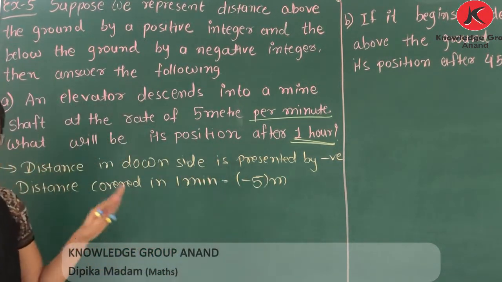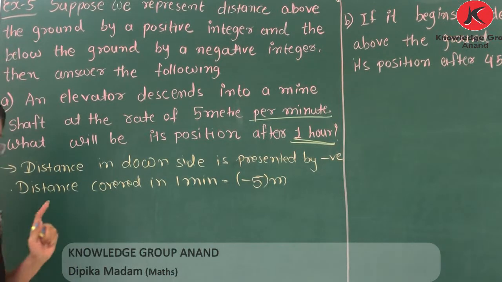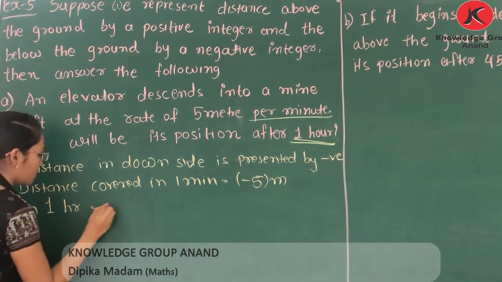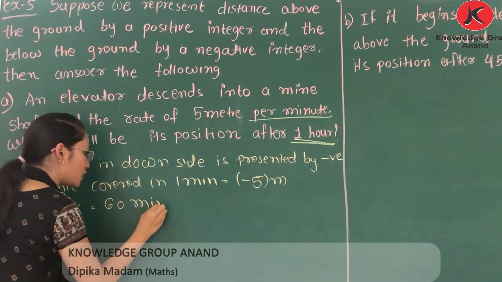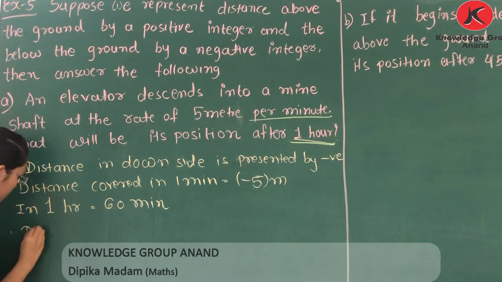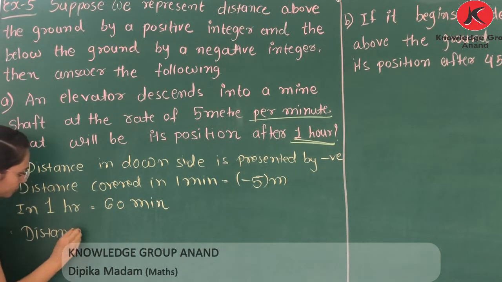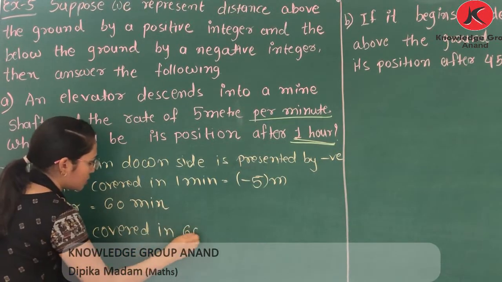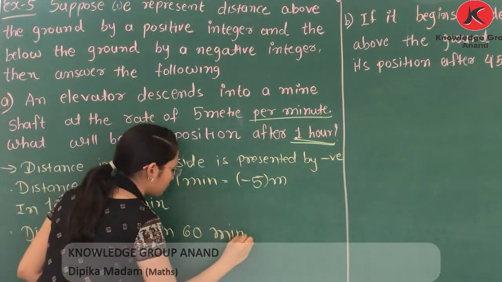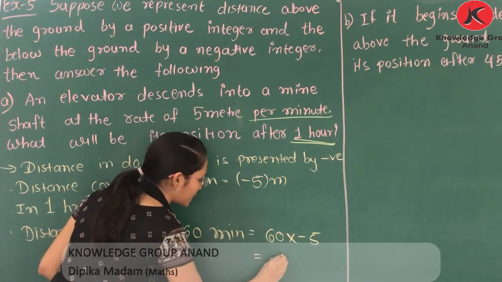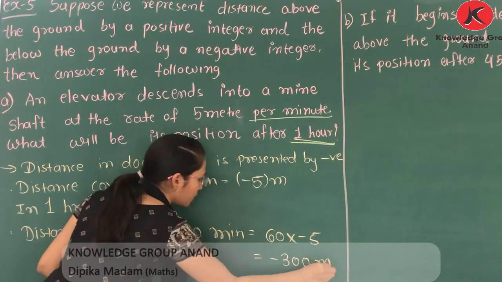Now how many minutes are there in 1 hour? 60 minutes. In 1 hour, 60 minutes, means we need to find the distance in 60 minutes. So distance covered in 60 minutes is equal to 60 multiplied by minus 5, that is minus 300 meters.